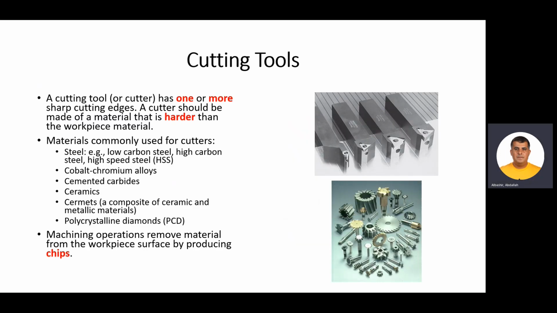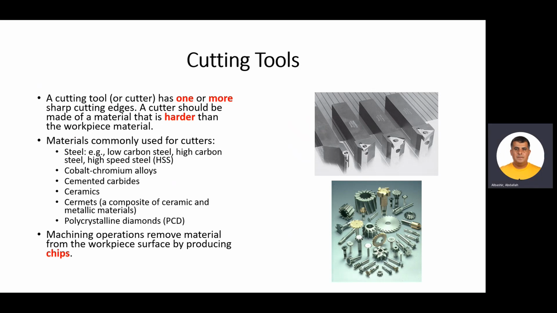The cutting tools for all machining operations, turning, milling, drilling, and others like polishing, grinding. The cutting tools will either have one or more cutting edges. One for turning and more for milling and drilling.